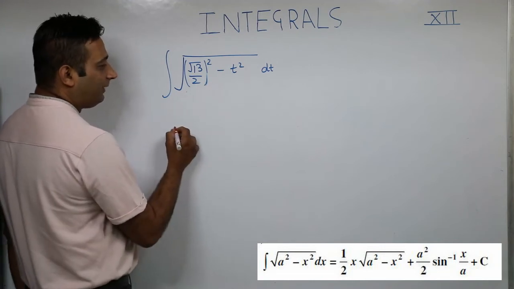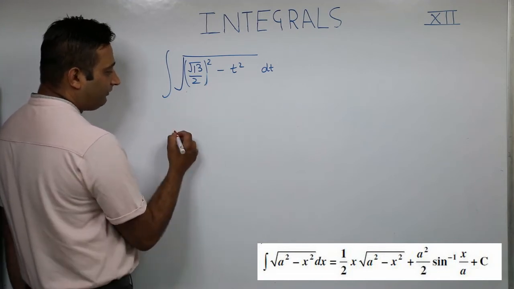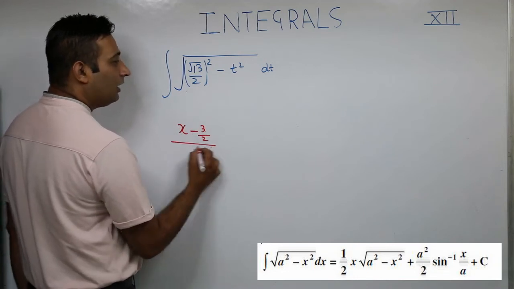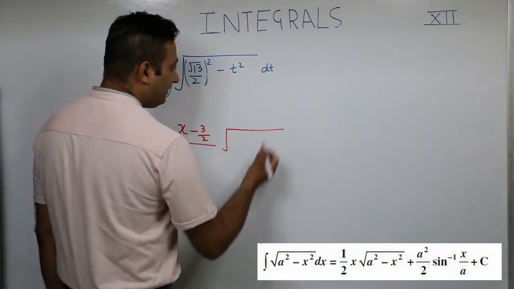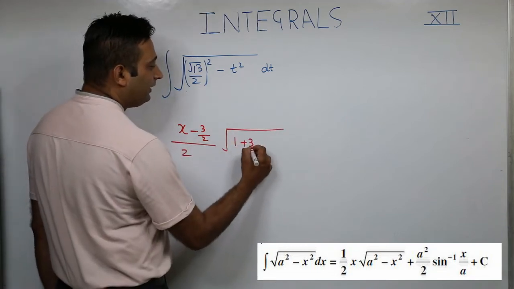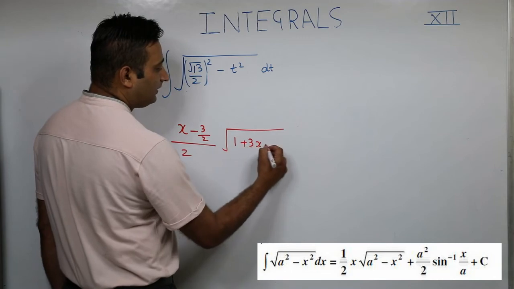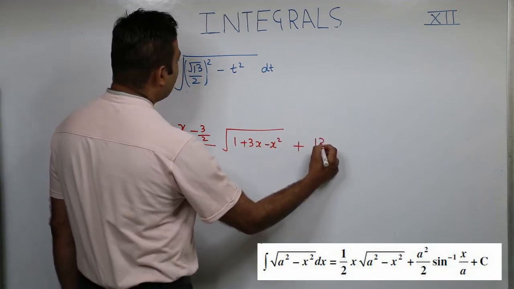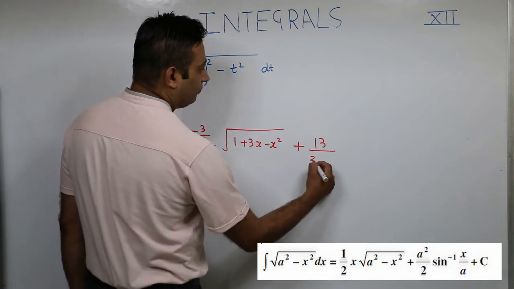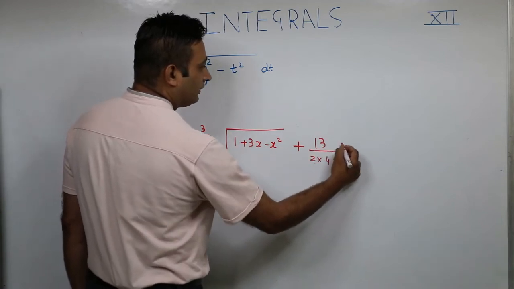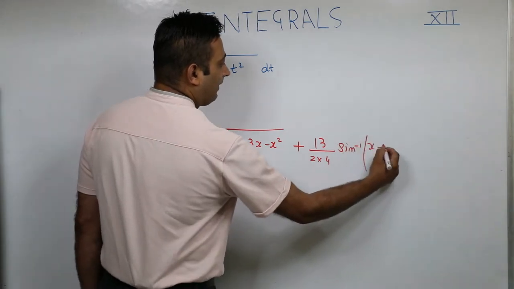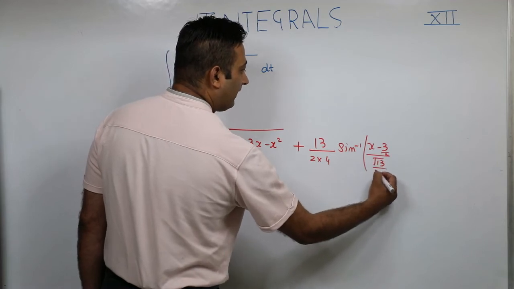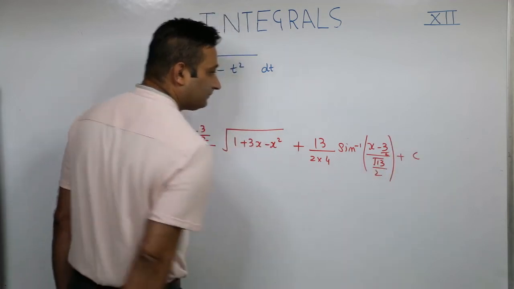So the integral of under root a square minus x square is x by 2 under root a square minus x square plus a square by 2 sine inverse x by a. So that would be t by 2 here, but we'll put the value of t as x minus 3 by 2, upon 2 under root 1 plus 3x minus x square, the actual question, plus a square by 2, that is 13 by 2 into 4, sine inverse (x minus 3 by 2) by under root 13 by 2, plus c.